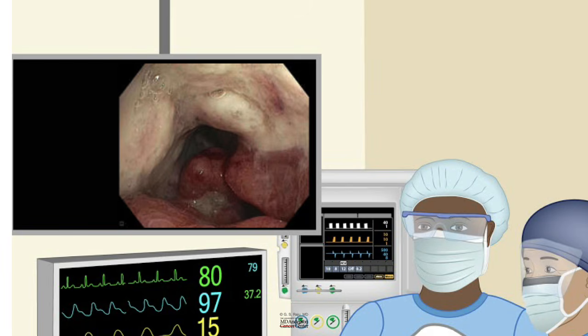So in this video, what I'm going to do is show you normal endoscopic anatomy of the stomach, and then show a particular pathology so that you can identify what is normal and what is abnormal. There will be a lot of repetition of normal, and it's a good idea to learn what is normal. So that's the path that I'm going to take.